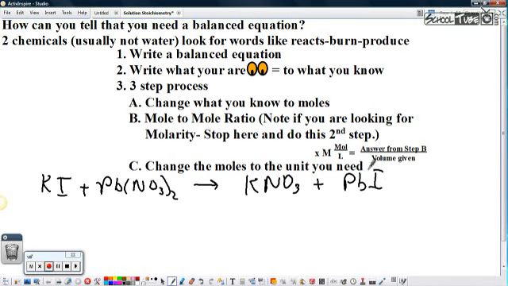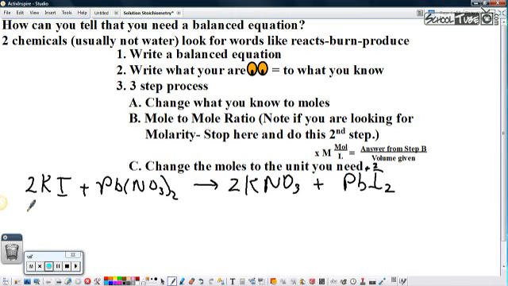And because Pb is a plus 2, I must have a 2 to balance because I is a minus 1. Now I need to balance my atoms. So K is balanced, I is not. I have to put a 2 here and a 2 here to balance my equation.